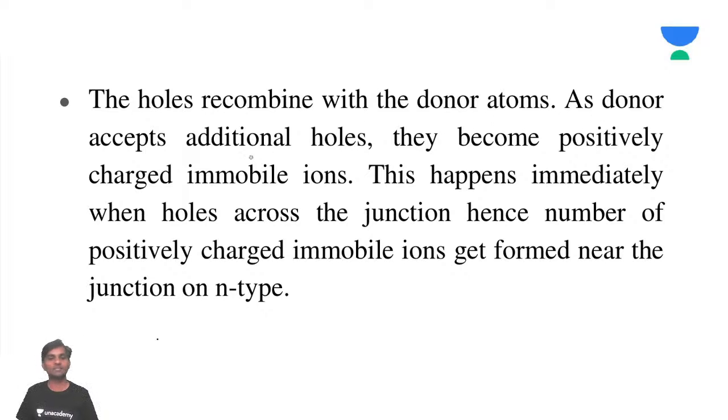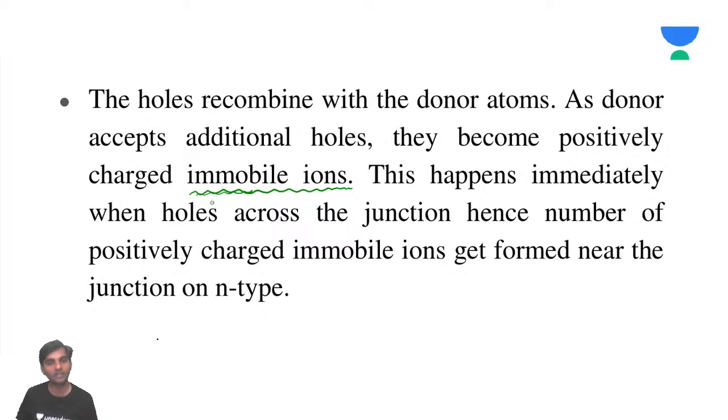As donors accept additional holes, they become positively charged immobile ions. The charge will not change, but they have become immobile. The ions cannot move, because electron-hole recombination has happened.